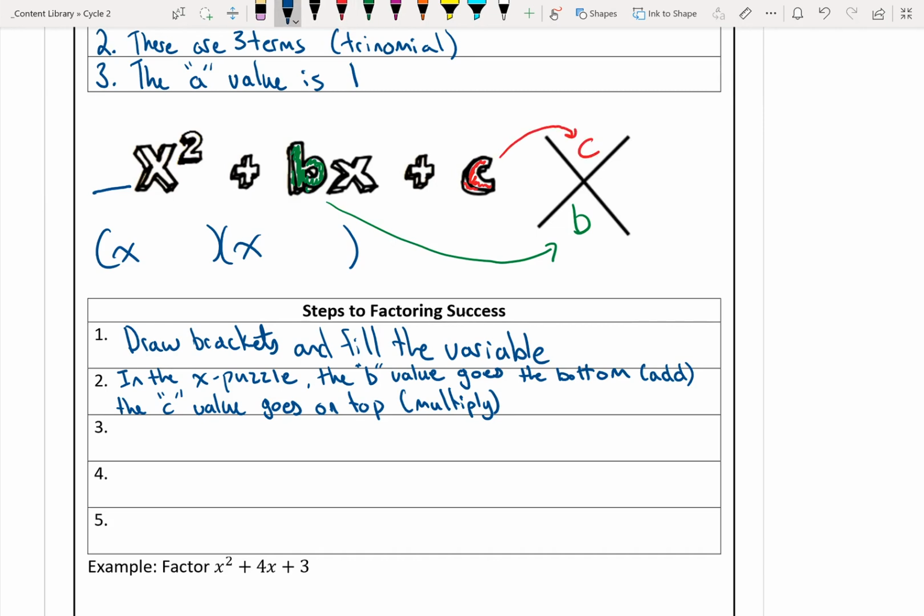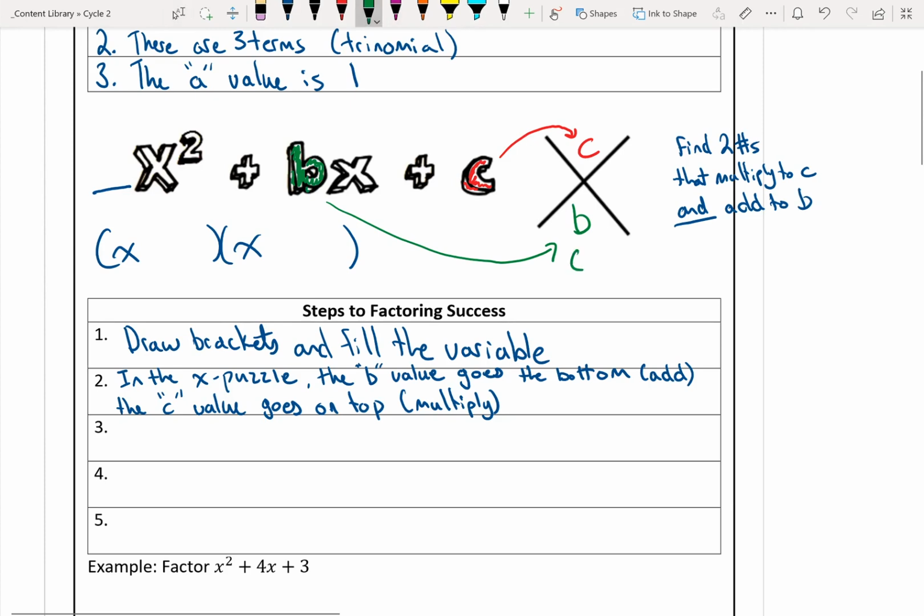And again, the whole goal of this x pattern or this x puzzle is to find 2 numbers that multiply to c and add to b.